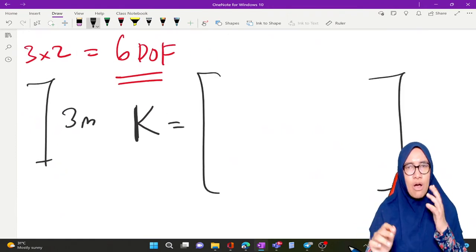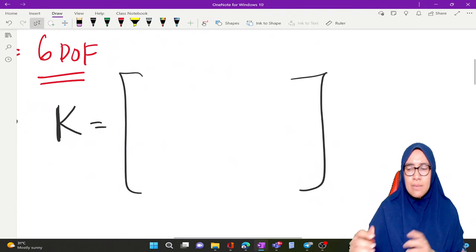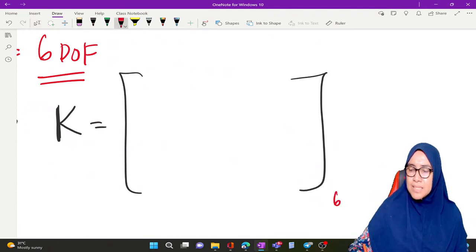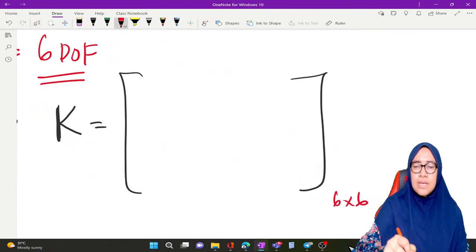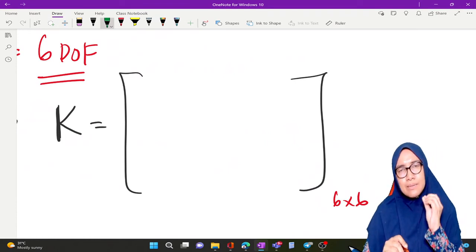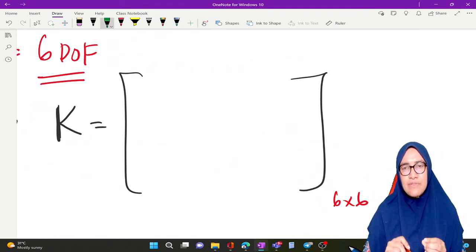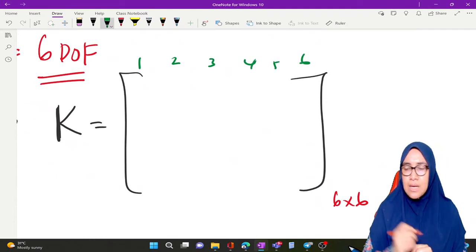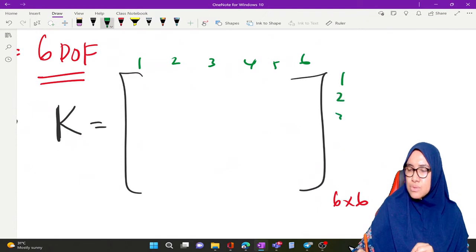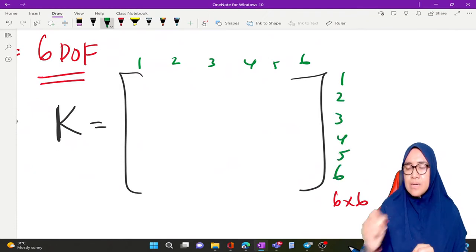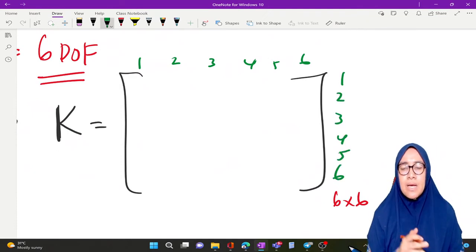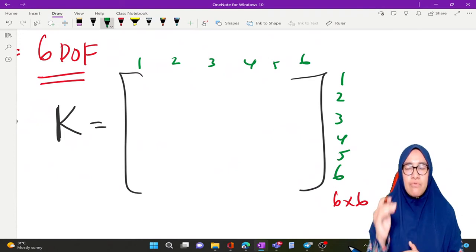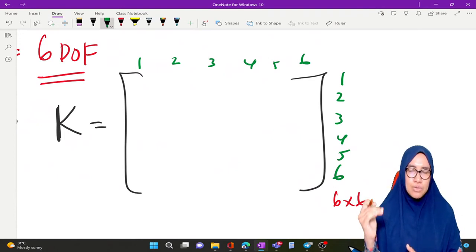The size of the matrix will be 6 by 6, and we label the matrix from 1, 2, 3, 4, 5, 6.